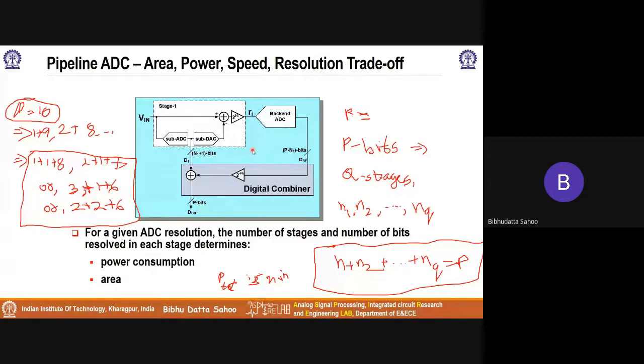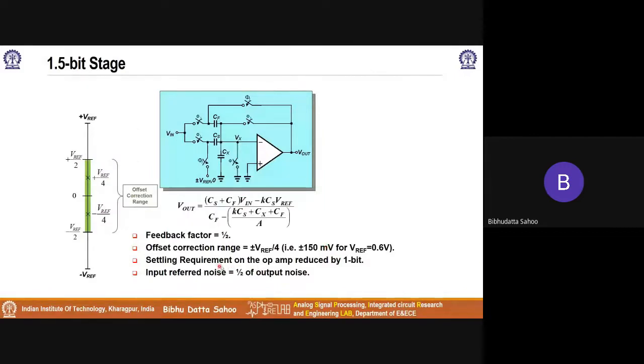So the settling requirement of the op-amp is reduced by 1 bit. The input referred noise is equal to the output referred noise divided by the gain of this circuit. The gain of this circuit is 2.